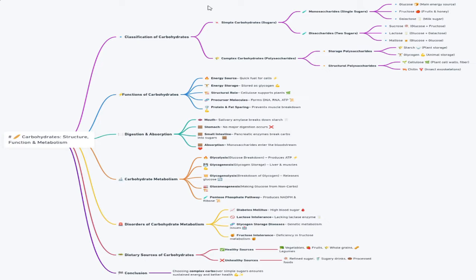Alright, so glucose and fructose are isomers and their structures are different, but their chemical formulas are the same, which is C6H12O6. The two sugars that differ only in the configuration around one carbon are called epimers.